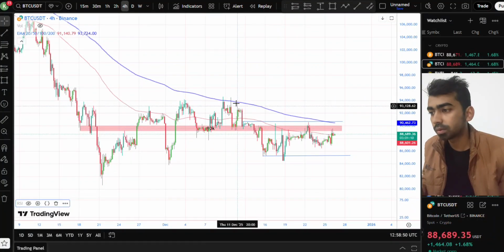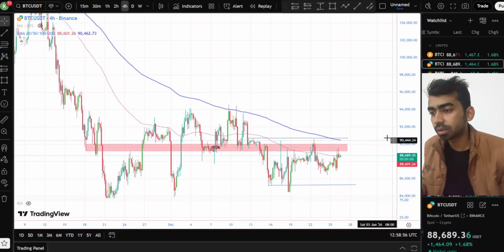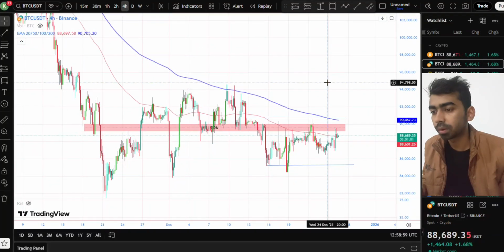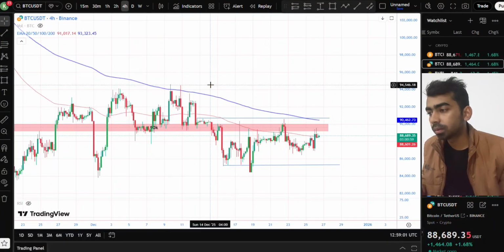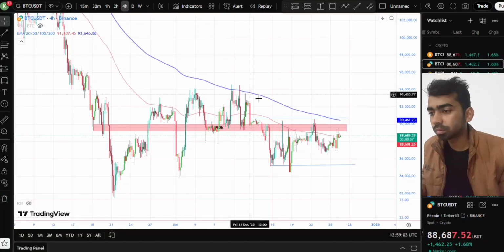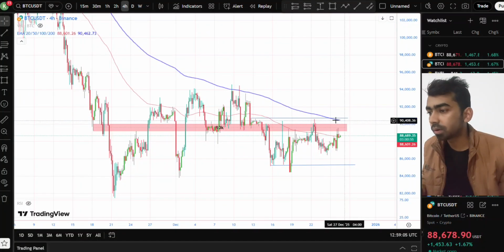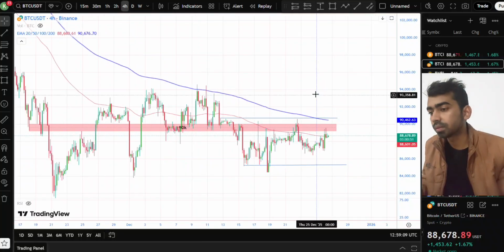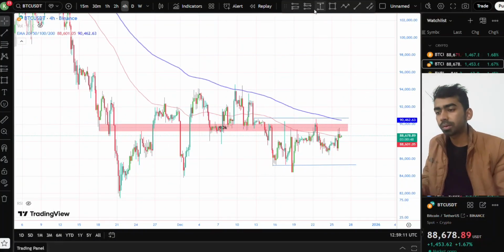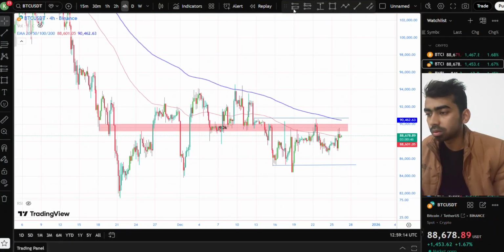Look at it, here is one resistance, another time it takes resistance, another time it takes resistance, and the same thing is happening continuously. The EMA defines that it will behave as a short term resistance. Maybe BTC tries to break.